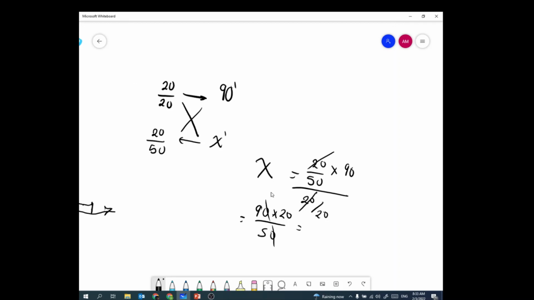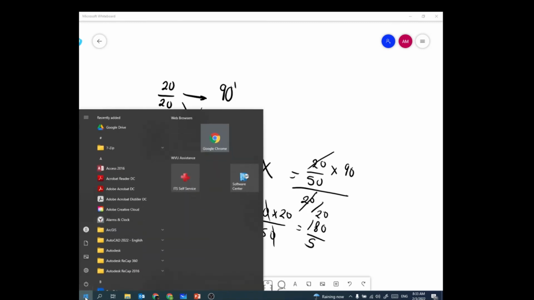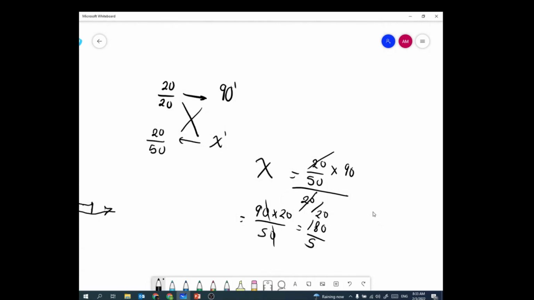That's 1800 divided by 50. I have to use the calculator; sometimes when you're teaching, you kind of forget math. So again, it's equal to 36 feet.